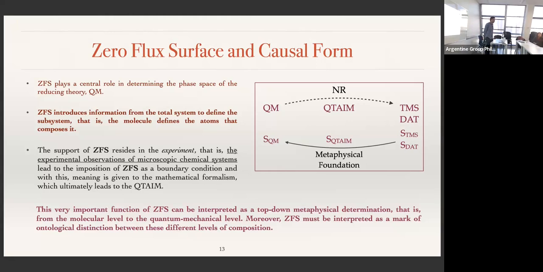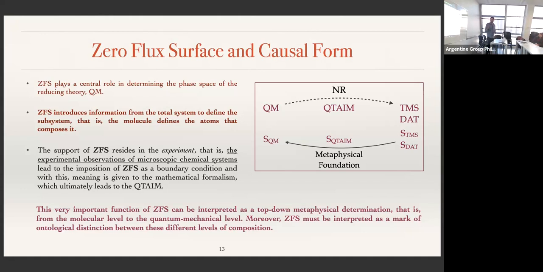I agree with you because the transferability is not perfect. You can transfer an atom, a topological atom from one molecule to another molecule with only a few changes, but it's not perfect exactly.